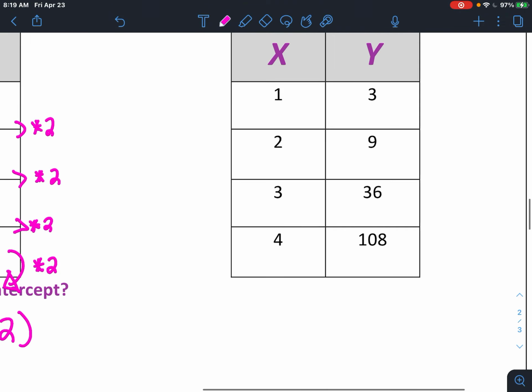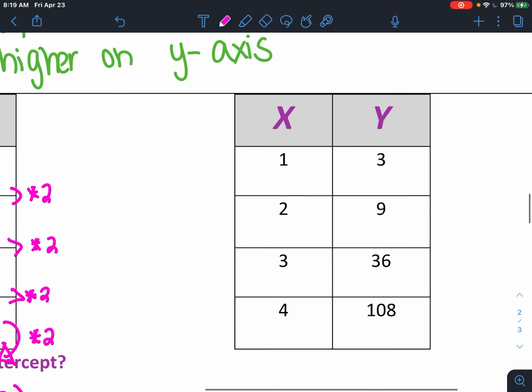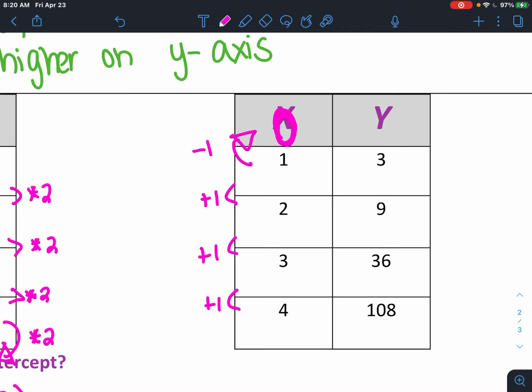Okay, this one is backwards. It goes 1, 2, 3, 4 for the x's. So I want to figure out when x equals 0. So right here. So we're going up 1, up 1, up 1. So for here, I needed to subtract 1. So I needed to go backwards. For here, we multiplied by 3 each time.